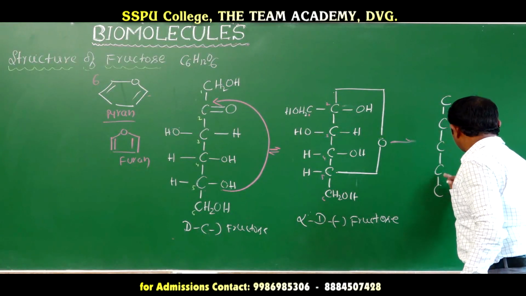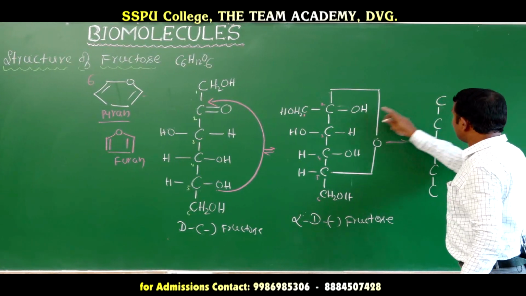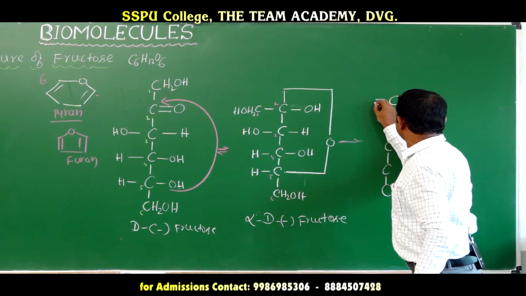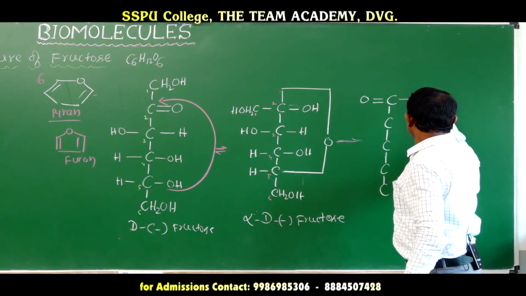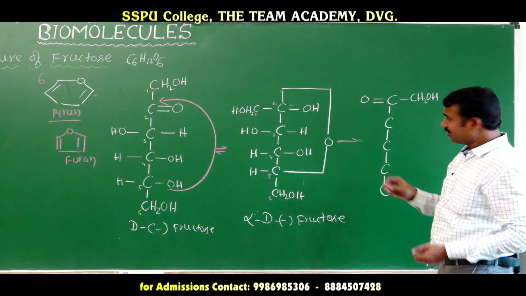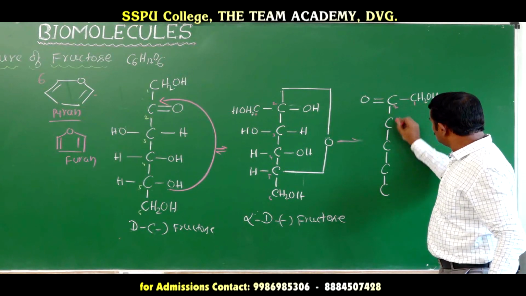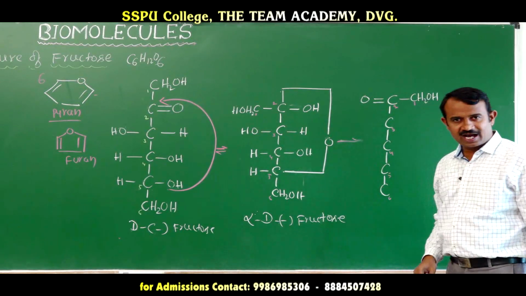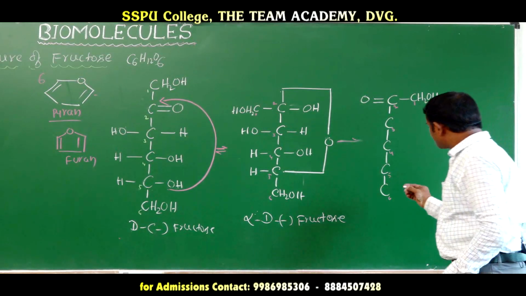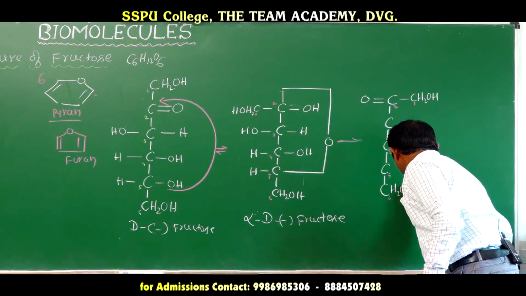1, 2, 3, 4, 5, and here the double bond you have to write this side, CO, CH2OH. Listen here, 1, 2, 3, 4, 5, 6 carbon. Here the last carbon, you should know, is a CH2OH.